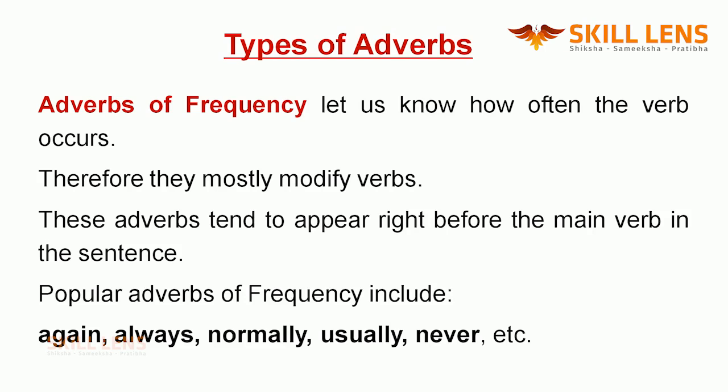But adverbs of frequency talk most of the time about the verb, and they tell us how many times an action occurs. As such, they modify verbs mostly. They are placed just before the main verb in the sentence. A few adverbs of frequency are again, always, normally, usually, never, etc.